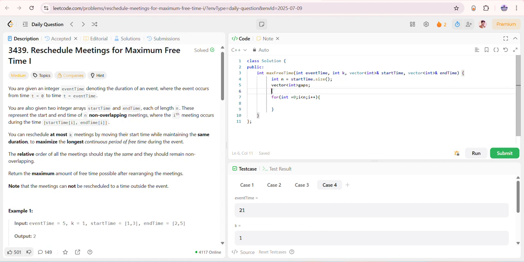So we would also have to handle these cases so that we are able to get the initial and later gaps. Okay. Now I am making a vector pair.